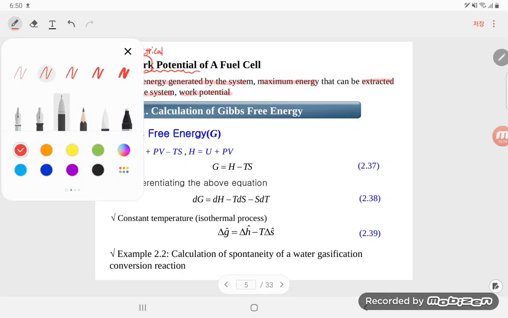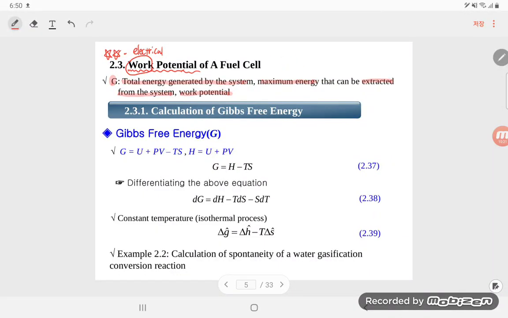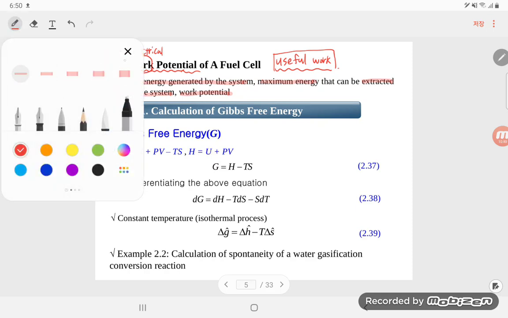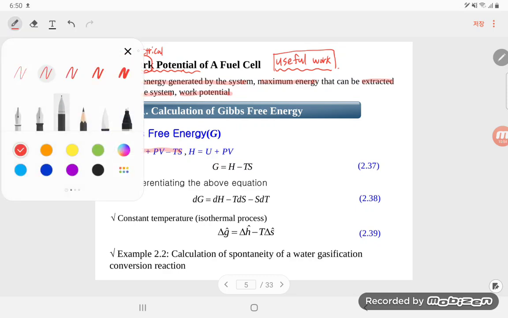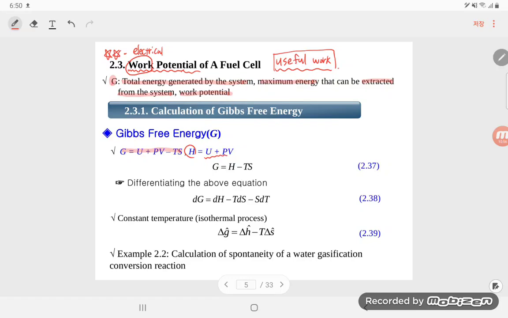So just think that the Gibbs free energy change is used for work we can get. So how can we calculate this Gibbs free energy? As we discussed before, G equals U plus PV minus TS. This is the definition of the Gibbs free energy. And the H in here, H equals U plus PV.